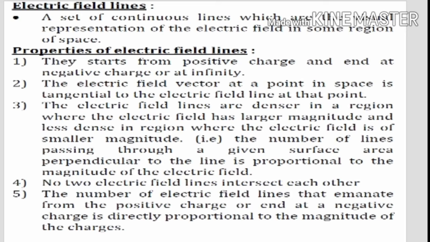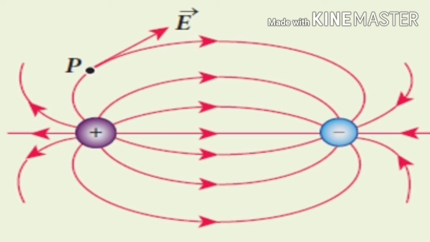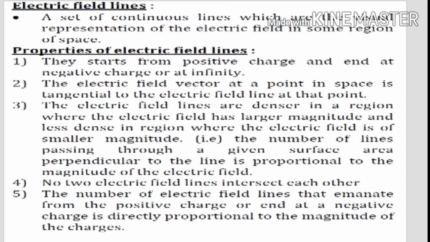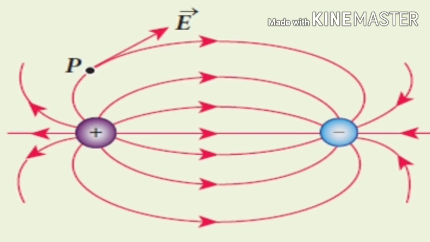Next one, the properties of electric field lines. First point, the electric field lines usually start from the positive charge and end at the negative charge or at infinity. Next one, the electric field vector at any point in space is represented by the tangent line to the electric field line at that point.